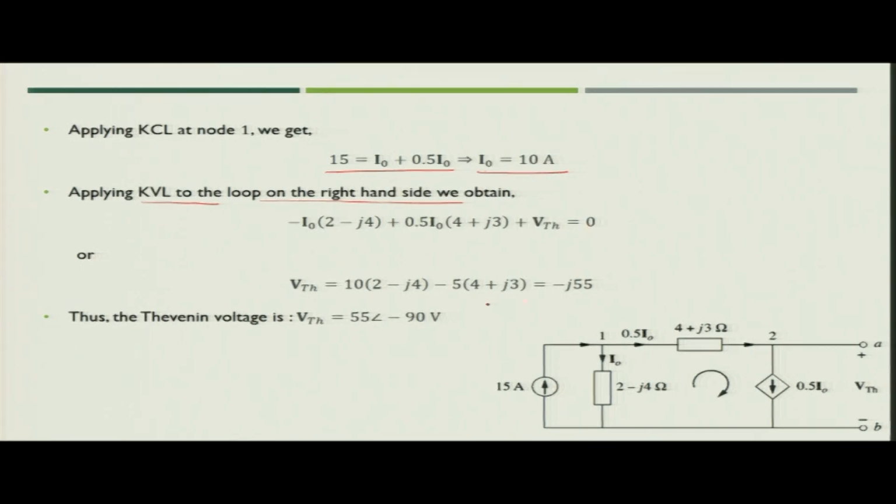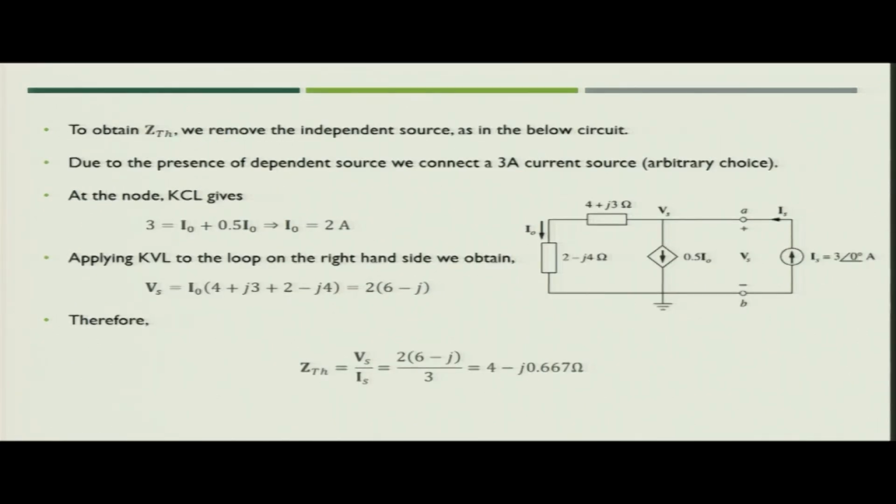When you solve, you get the value of VTH as minus J55, or you can write VTH as equal to 55 angle minus 90 degree volt. Now, you have got VTH.